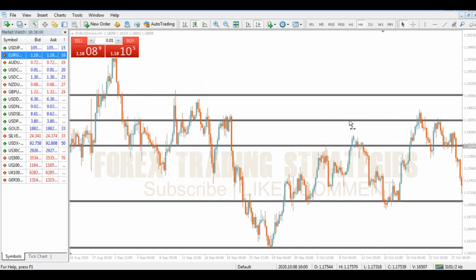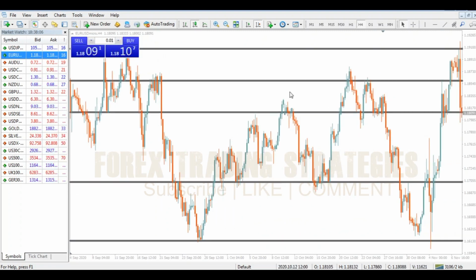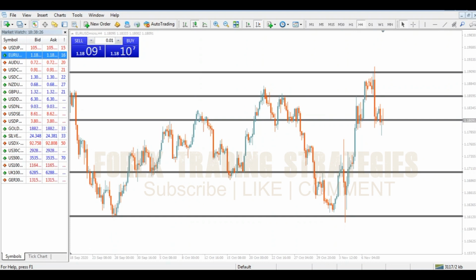Now tell me, is it coincidence that price, whenever it reaches this daily line, has been reacting? There's been some reaction on the daily lines.